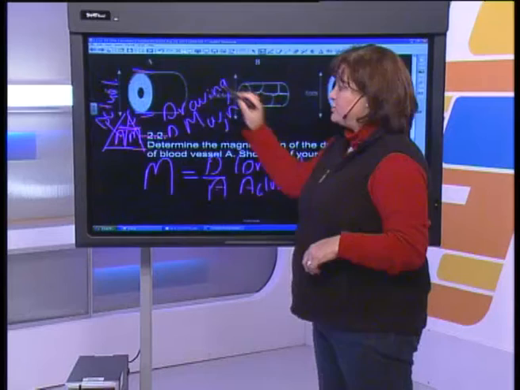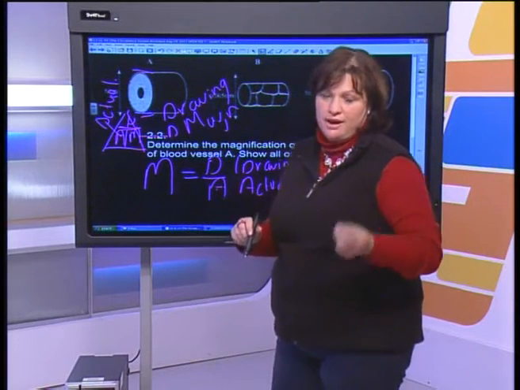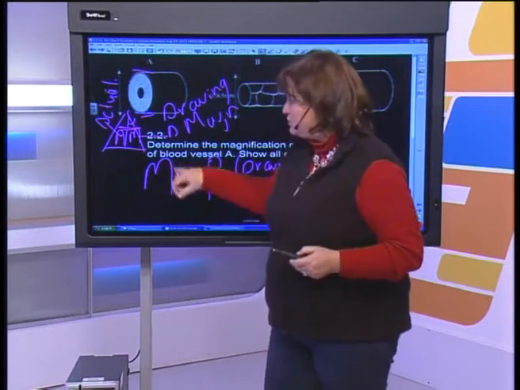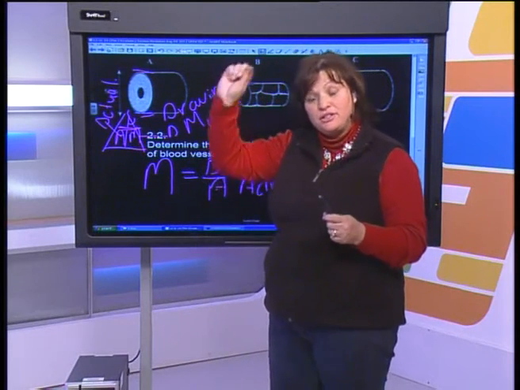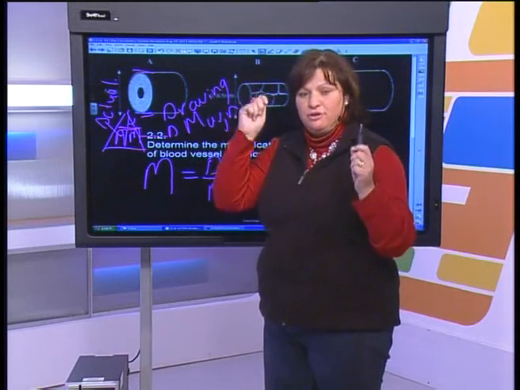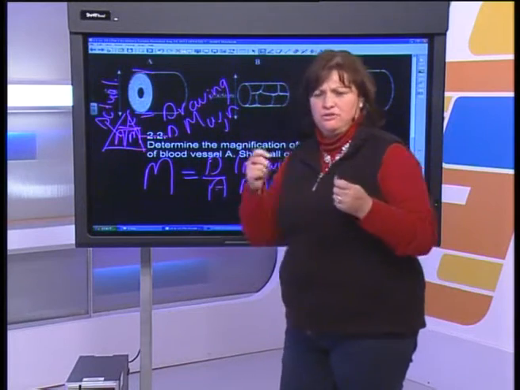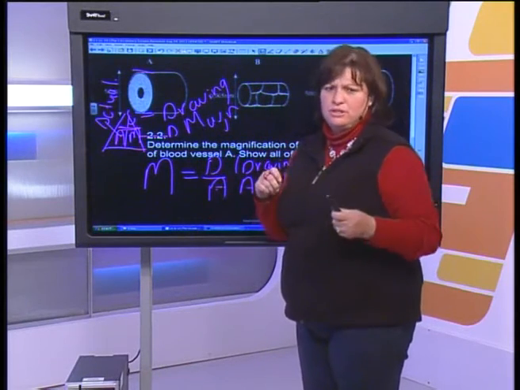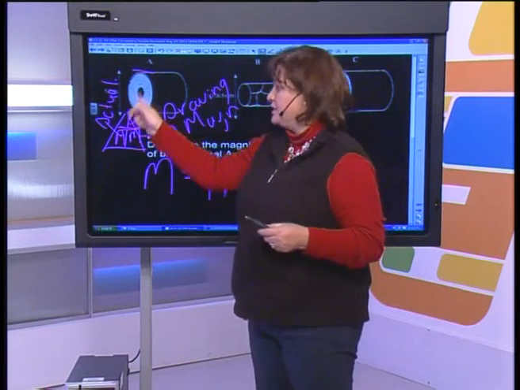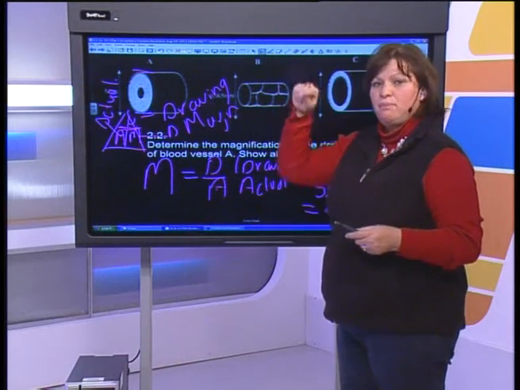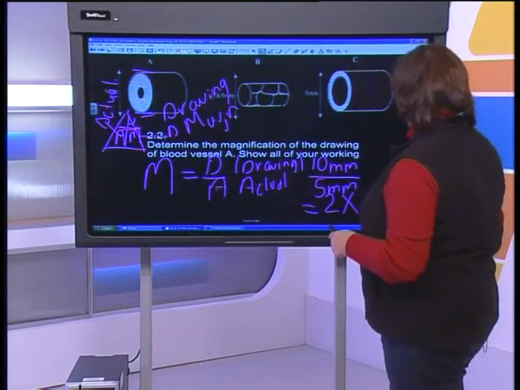So it's magnified 2 times than it actually would be. Always remember your triangle. When you get into a test, quickly put it at the top of your page so that you don't forget. Like you do in science, you've got all those energy and work and force equations that you need. The same applies here to life science. Just keep it in your mind, put it at the top so you know where to put your numbers in.